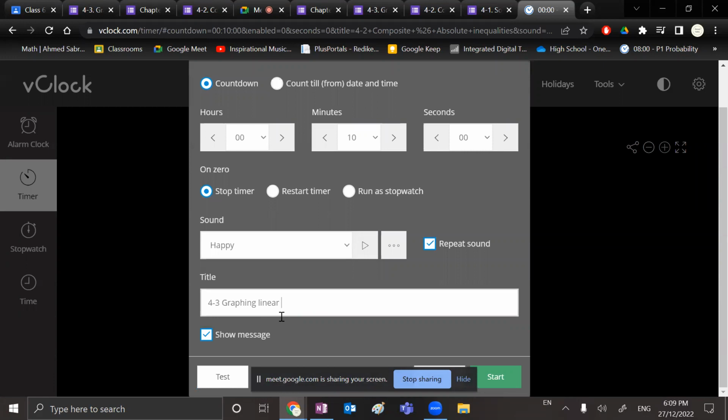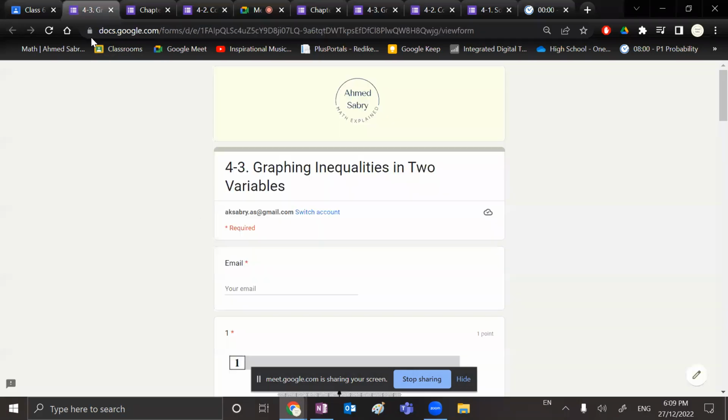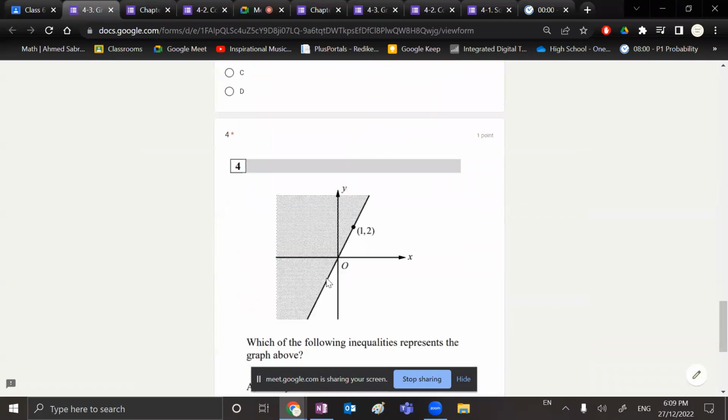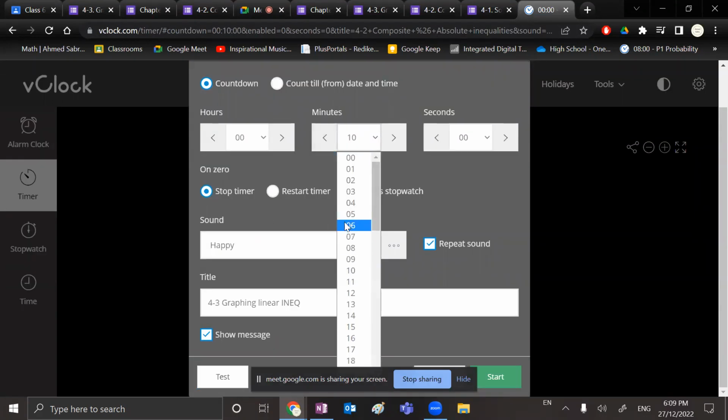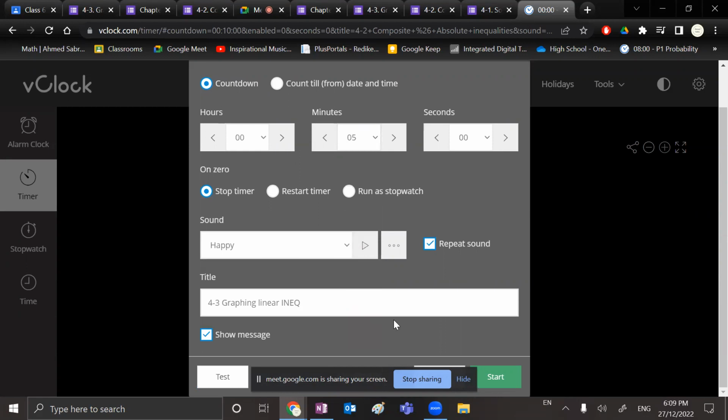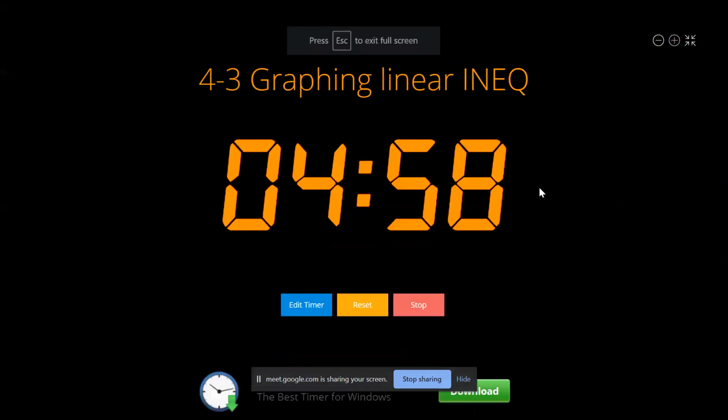Graphing. And for those, there are just 4, so I'll give you 5 minutes and we'll correct those, and that would be it for the day. So 5 minutes for form code 4-3, graphing linear inequalities, starting right now.